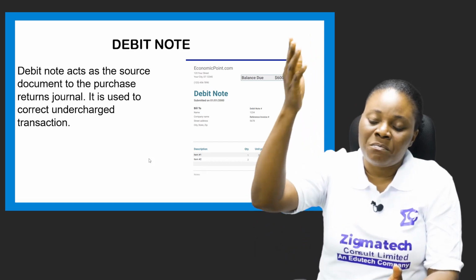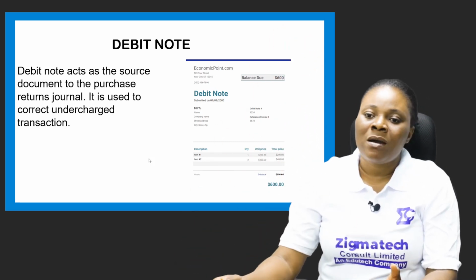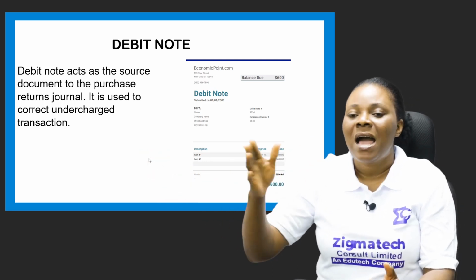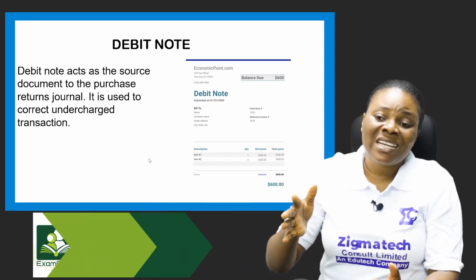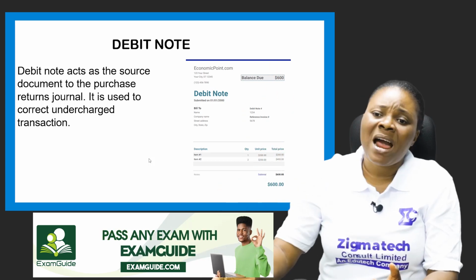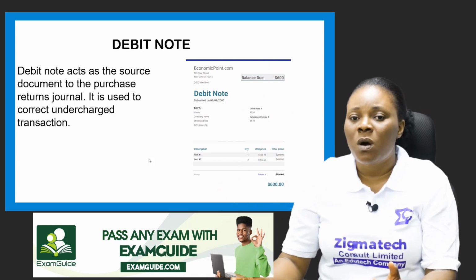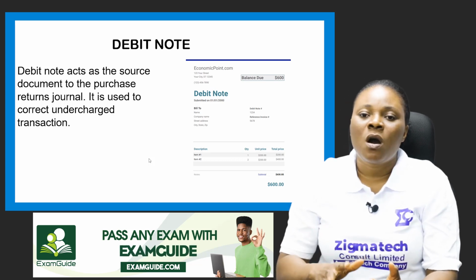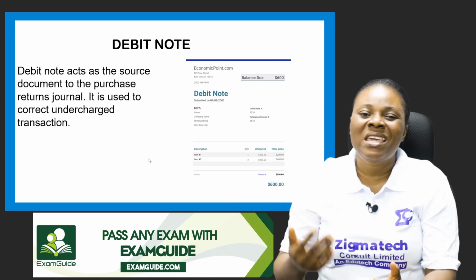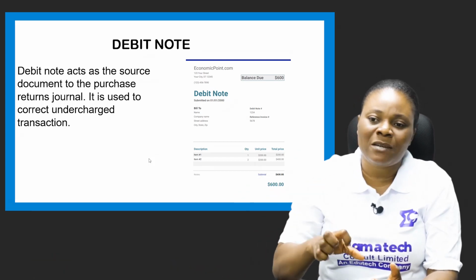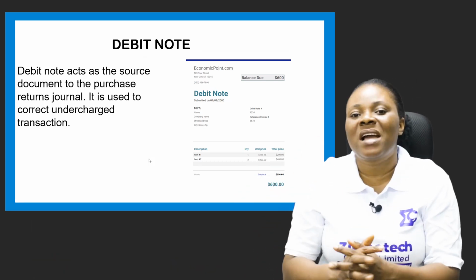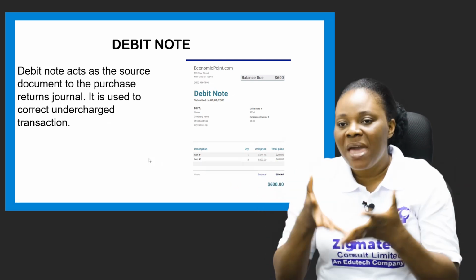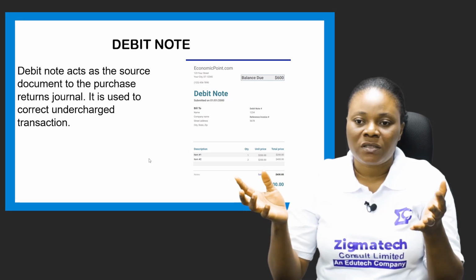Maybe as he was arriving at a total, he mistakenly skipped the price for a particular item, which automatically means that the total price on the invoice will be what? Will be reduced. So this is what we call an undercharged transaction, when you are given below the expected price, below the actual price of a product. So it's mostly mistakes made on the invoice.